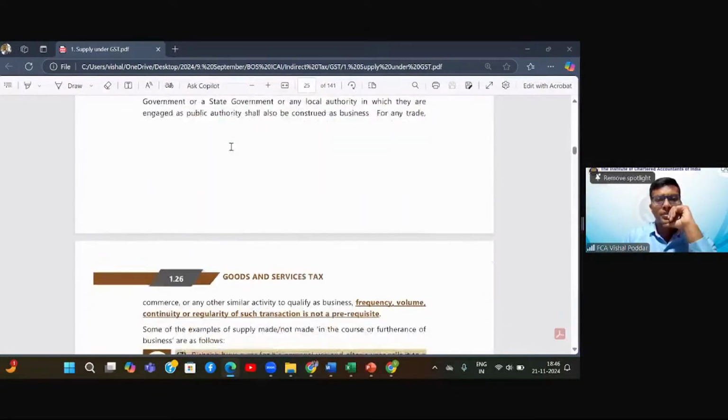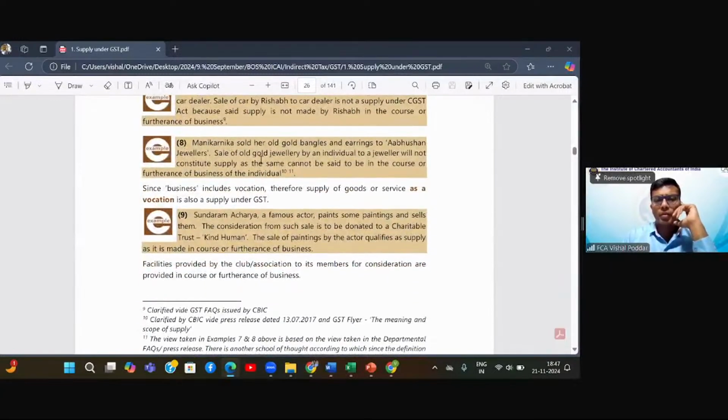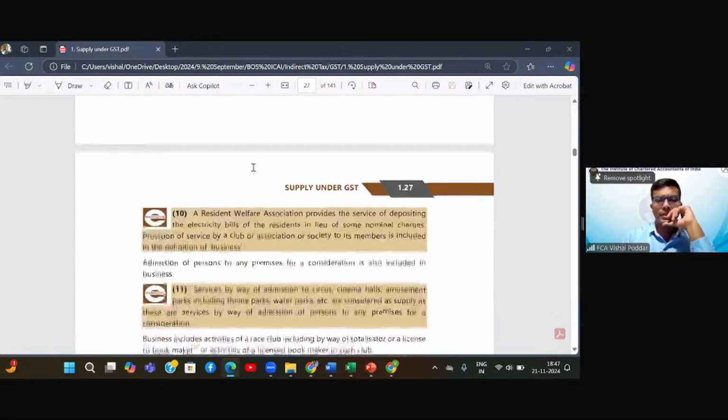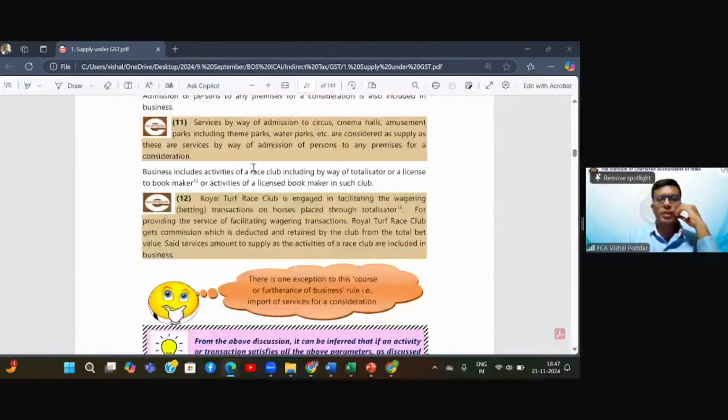Then there is business definition. Then these are various examples. If you remember, we discussed even these examples of old gold bangles, old motor cars sold, right? So these are all clarified by way of some FAQs, by way of some flyers. So basic idea is, where any asset is part of your business and that asset is being sold after becoming scrap or after the useful life is over, then that is considered as part of business.